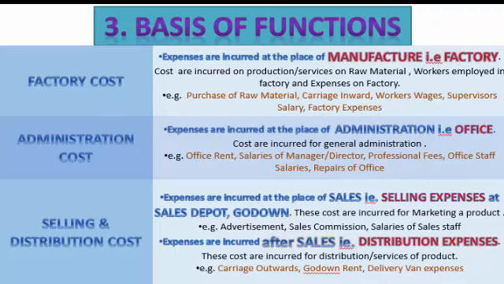If it is a factory manager, we call it a factory cost. Otherwise, we call it an administration cost. Professional fees, office staff salaries, repairs of office. So everywhere we can see the relevance to the office and administration. So these costs are administration cost.